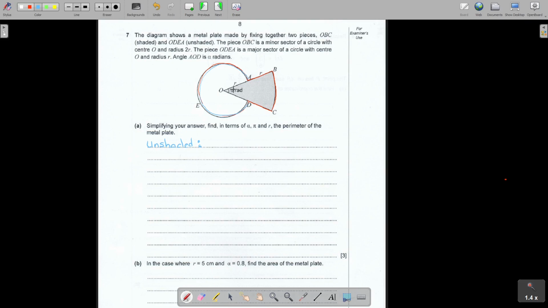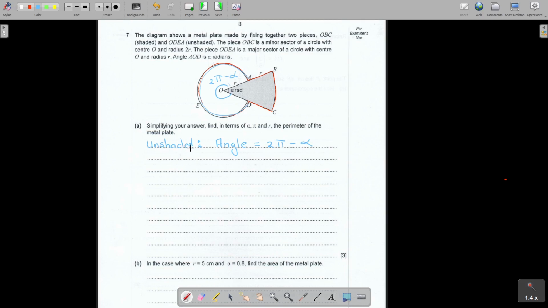Let's first find the angle. I showed you that around the point is 2 pi, and that part is alpha. So if I want that angle, it will be 2 pi minus alpha. So the measure of that angle is 2 pi minus alpha.